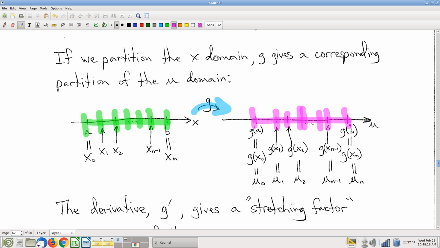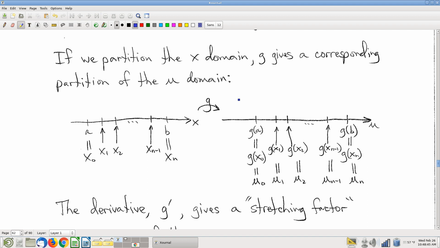Every one of these points individually, like that point there, has as its image that point over there. So whenever you do a partition of the x interval, you are implicitly partitioning the u interval. Now, irregularly, of course. This g function could be all kinds of wacky, so this isn't going to be an even partition. But per our earlier note, who cares? Doesn't matter.